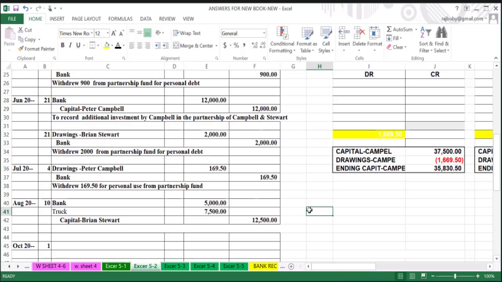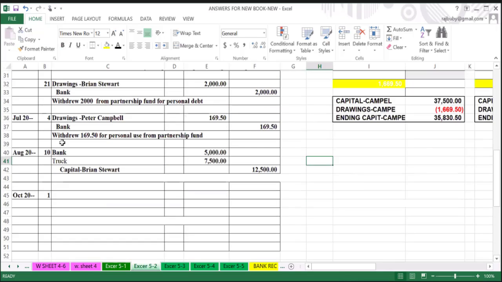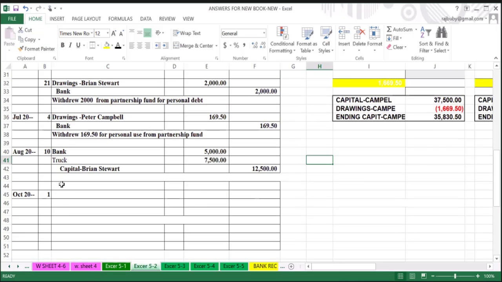Okay. The October 1st, the two partners withdrew 1,000 each. We should create the two drawings accounts, 1,000 plus 1,000. Those are debit, right? You have to put them individually because they are different partners.